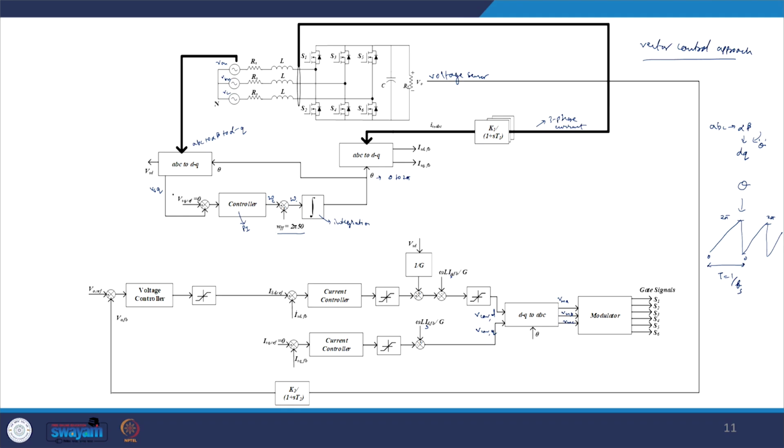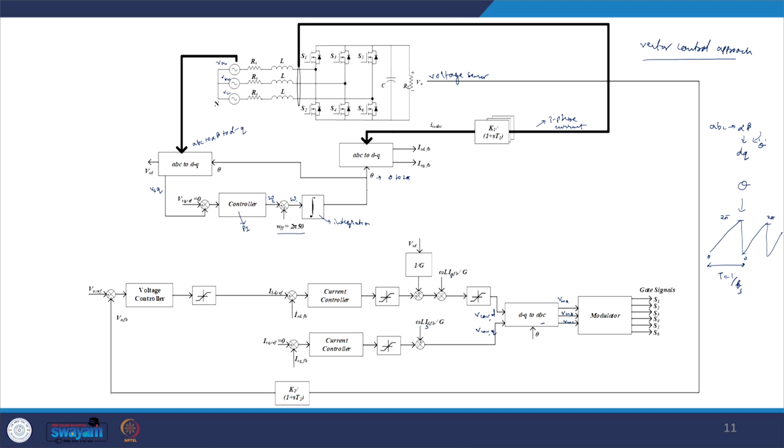When we do that, and make sure VSQ is equal to 0, we are slowly aligning our D axis along the supply voltage space vector, and that's when we can ensure the theta we are getting is synchronized with the grid supply voltage. We use the same theta over here to convert that V converter D and Q value to ABC value.